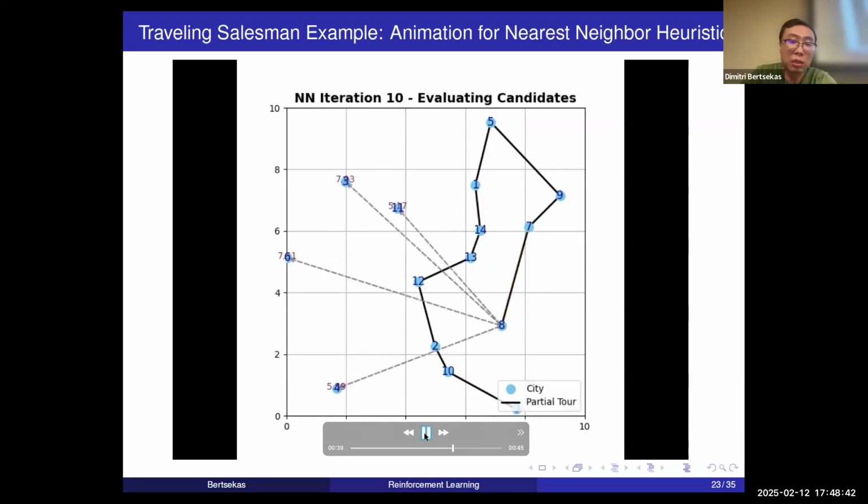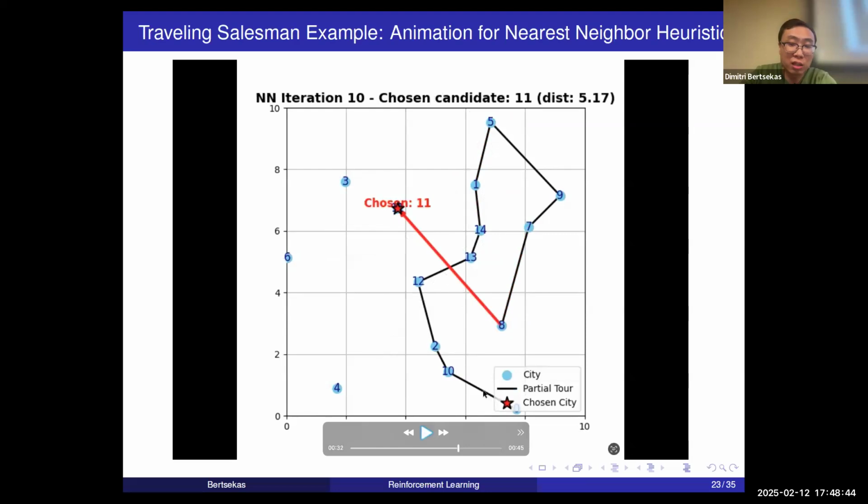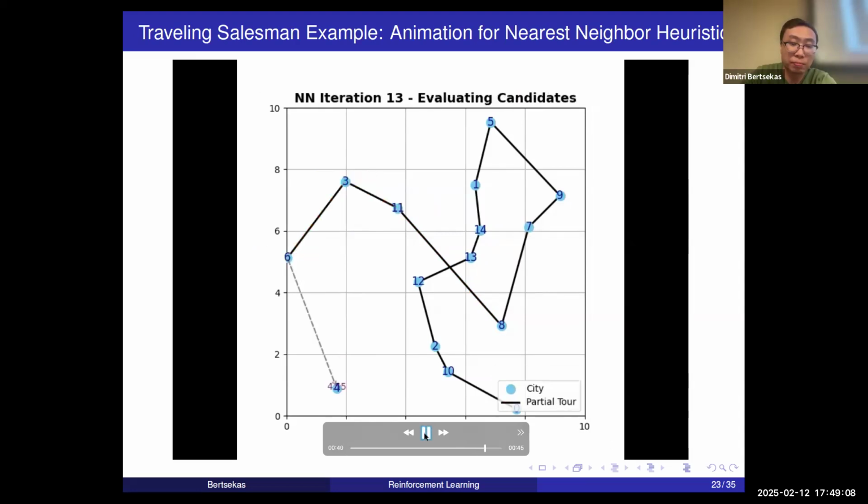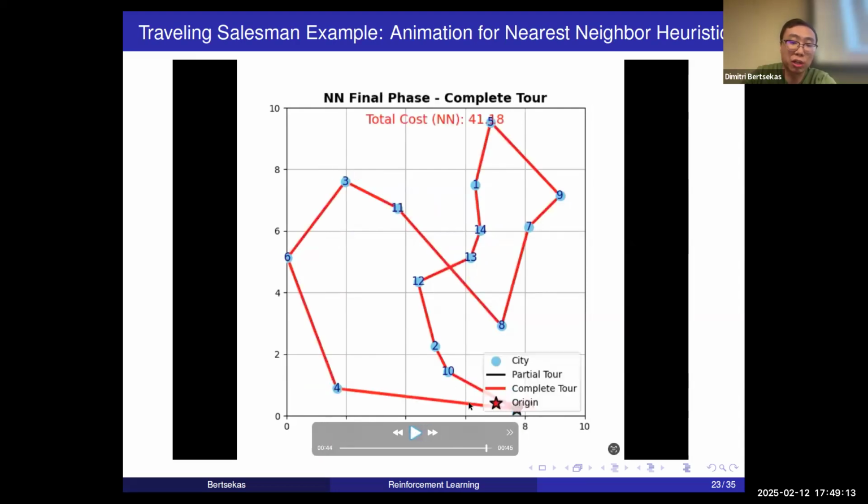As it turned out, in the initial phase it seems quite promising, but when it's approaching the second half of the problem, the remaining cities are all the ones that are far away, and typically you will see crossing paths happening in the second half of the tour, because it's short-sighted and ignores the potential detour that is going to occur.